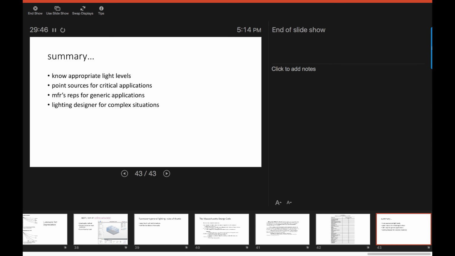So anyway, I cannot emphasize enough that if you have a complex situation, retail would be an example, or a museum, those are examples where a lighting designer would be really important to hire because the calculations are just too complicated, but it's very important to get them correct because the light levels in these situations are actually really critical.